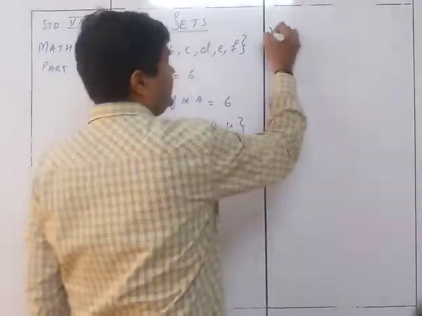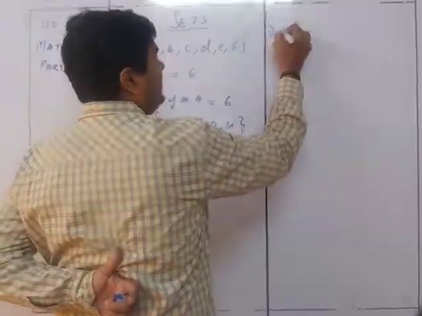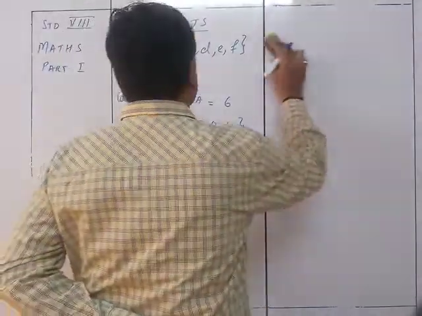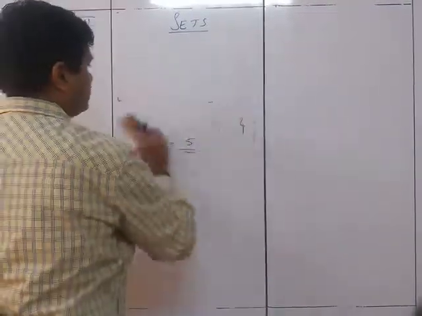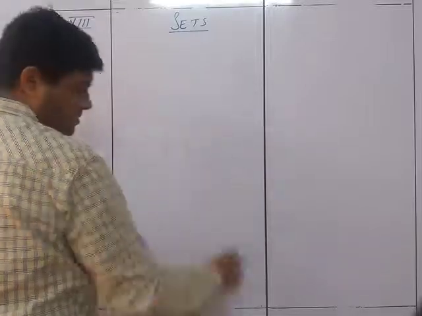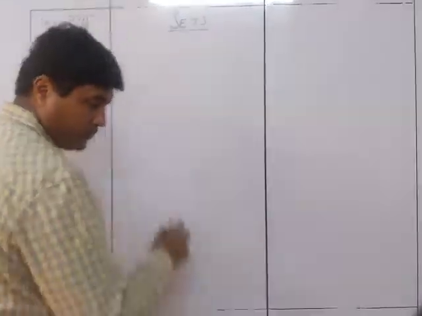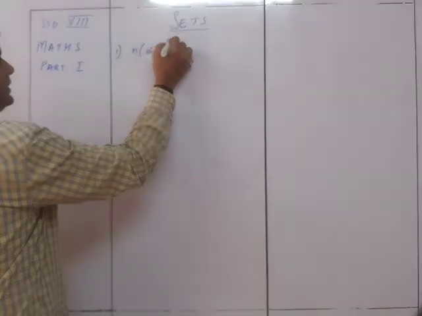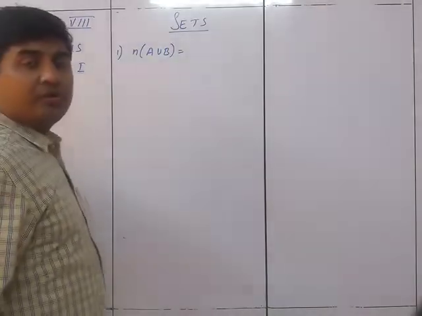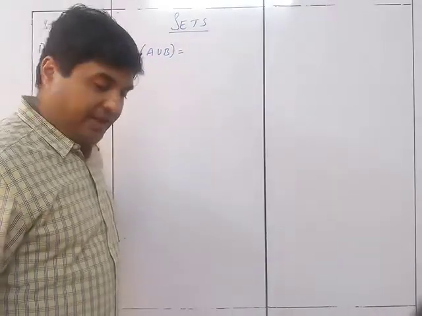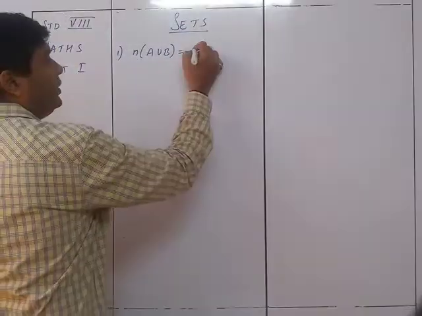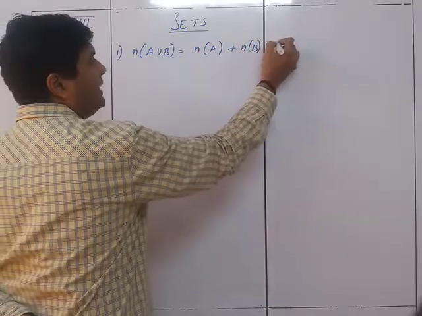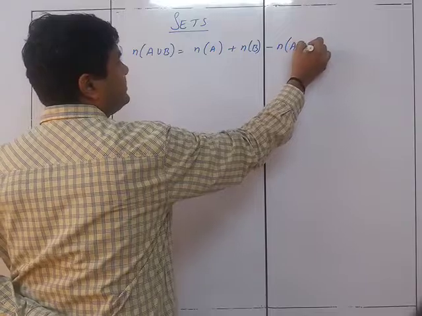So the first one is, okay, I'll take the whole board because some things are required to be long ones. n(A union B), that is the number of the elements in A and B, will be equal to n(A) plus n(B) minus n(A intersection B).